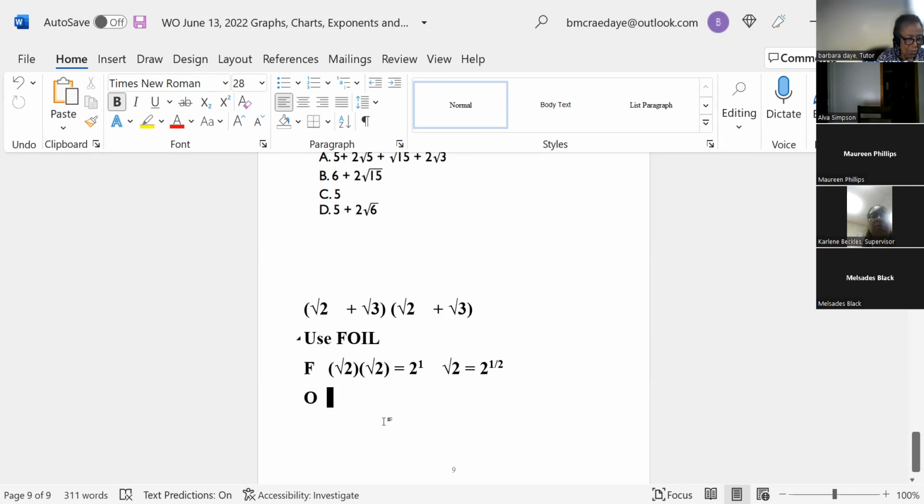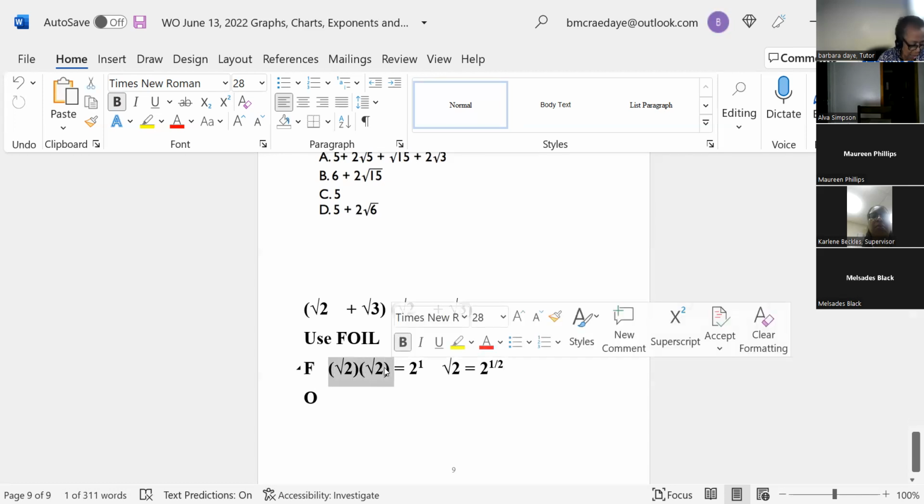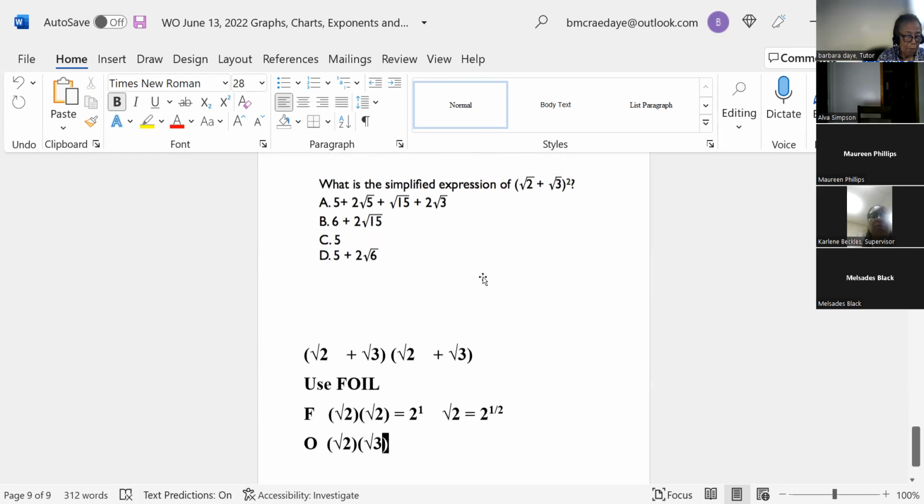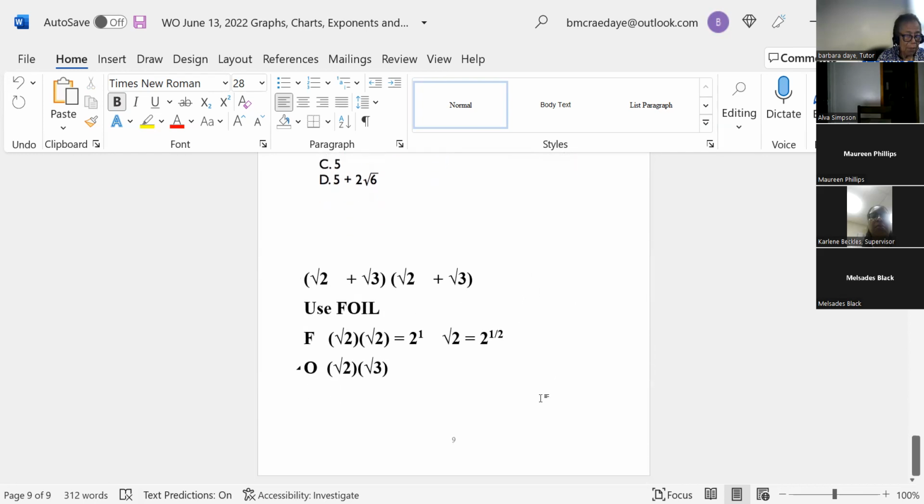All right, so let me copy this. Those are the outer terms. So it would be the square root of 2 times the square root of 3. Can you please scroll up a little bit? Thank you. All right, so that's square root of 2 times square root of 3.